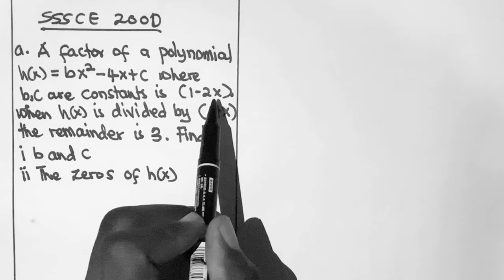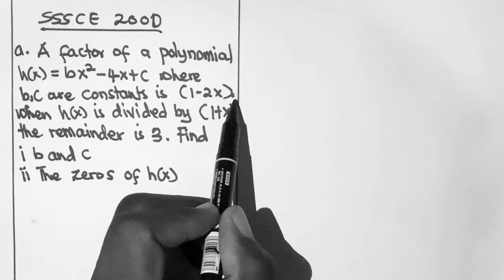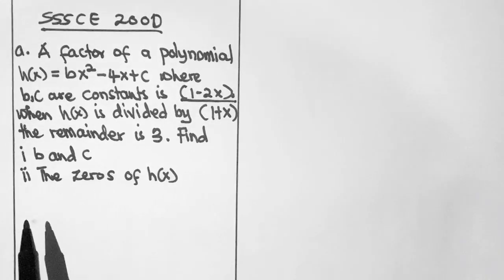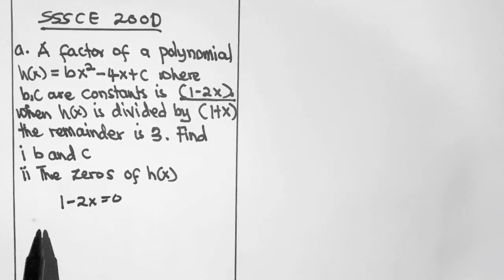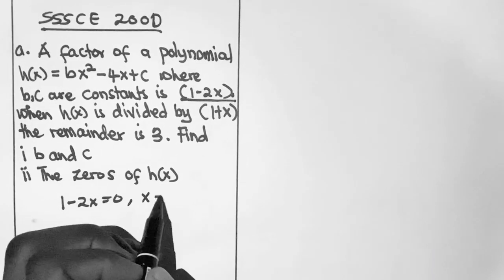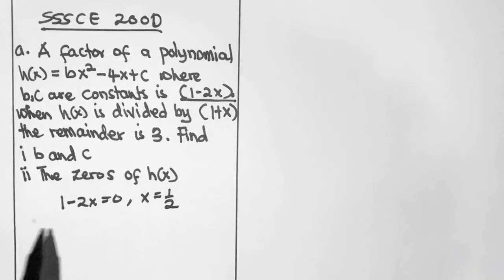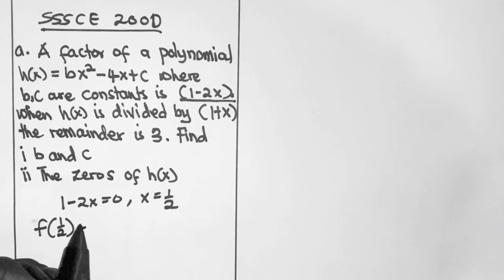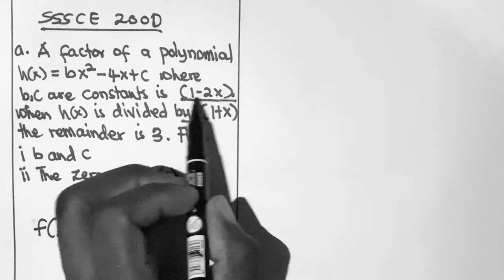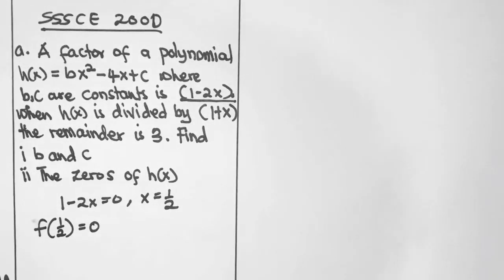So now, you can see that he says that into bracket 1 minus 2x is a factor. So let's equate 1 minus 2x to 0 and find the value of x. So x is equal to 1 over 2. So what it means is that h of 1 over 2 is equal to 0 because into bracket 1 minus 2x is a factor.